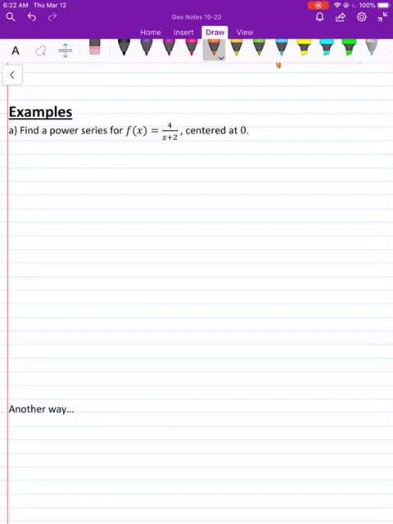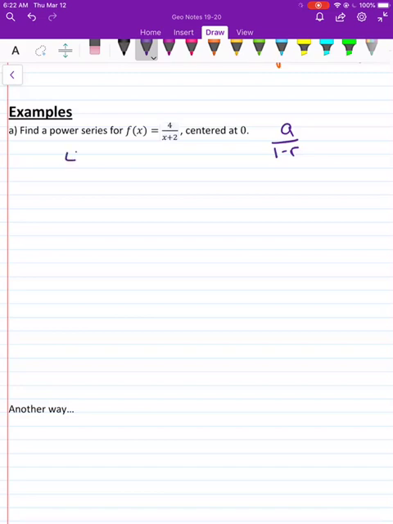So if I look at this, remember our geometric series have the sum of a over 1 minus r. So when I relate the pieces of this, I see that a is 4, and oh, well, I don't have a 1 minus r on the denominator, so what am I going to do? We have to do some manipulation here.